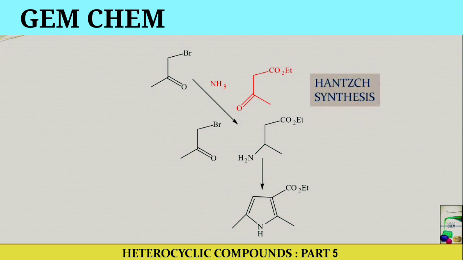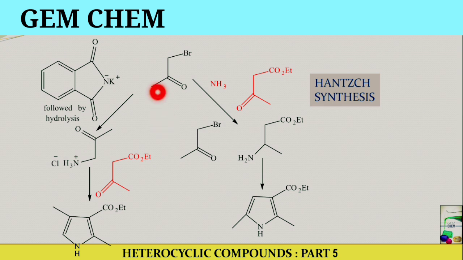But when we shift to another method, we provide phthalimide followed by hydrolysis, and we get such a substrate. This one, reacting with an alpha ketoester, gives our other isomer, which is this one. You can see the position of the methyl groups has changed.